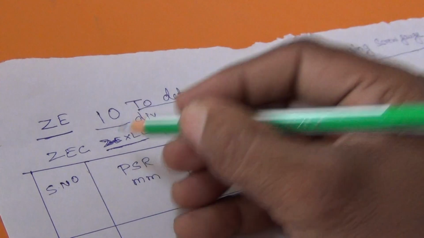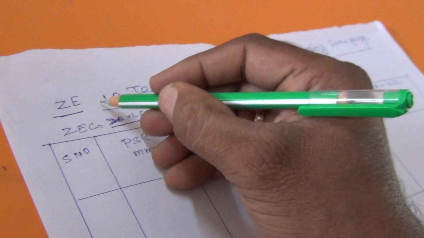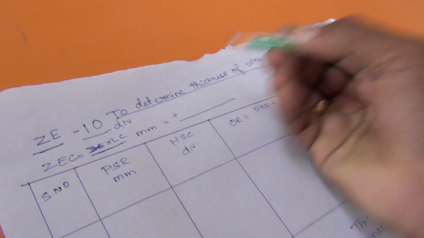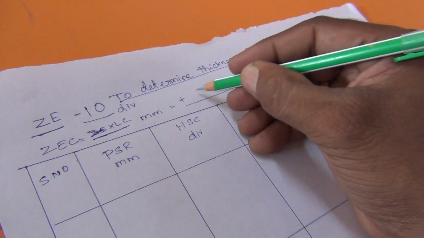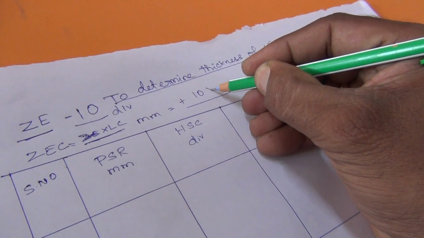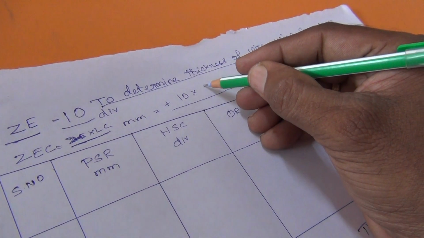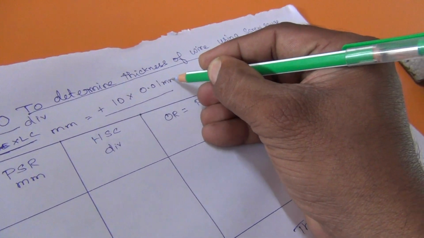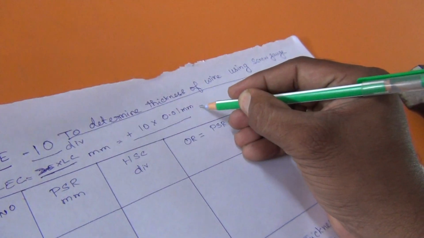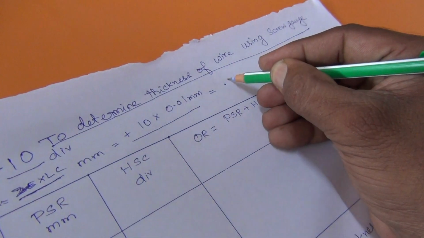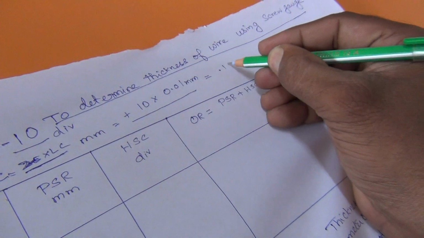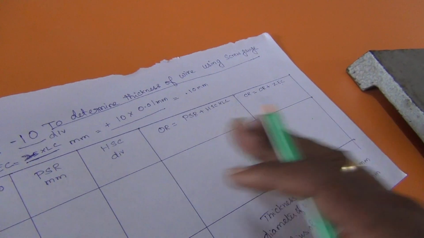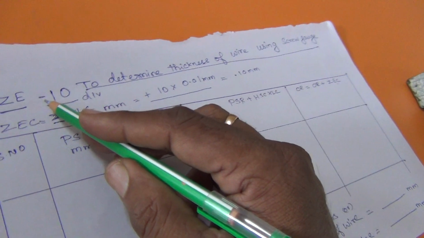Since it is a negative error, we have to put positive correction. So the zero error is 10 into least count. Least count is 0.01 millimeter. So the zero error correction is 0.10 millimeter. Okay, clear?